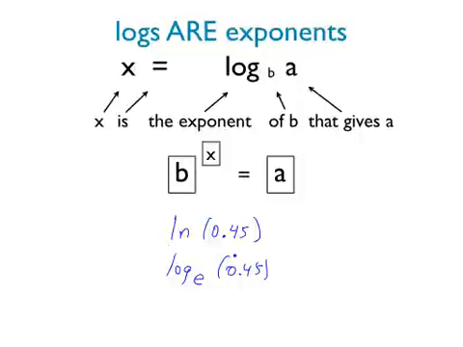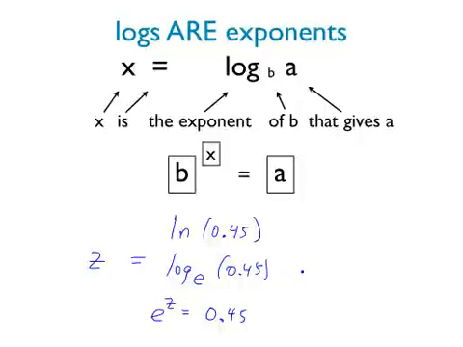He's saying that this ln of 0.45 is an exponent. It's the exponent of e that would give you 0.45. Is that right? Yeah, so we'll call it z. How would you rewrite it in terms of z? Yeah, so z is the exponent of e that will give you 0.45.